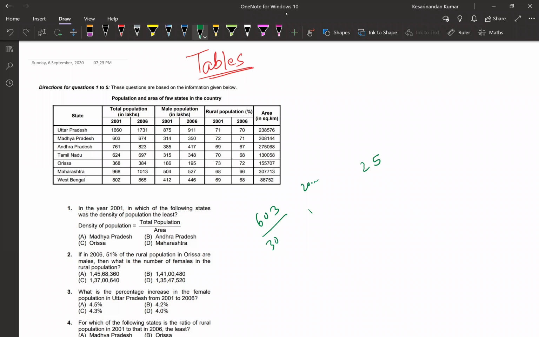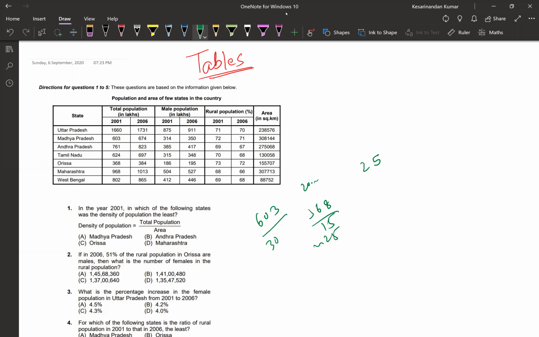Okay, so this was 368 by 15 something, and it was less than 25. Perfect. It is less than 25. And coming to the final, that is Maharashtra. 32. Will it be more than 30? Yes, 32. Perfect. Will this be the answer or no?